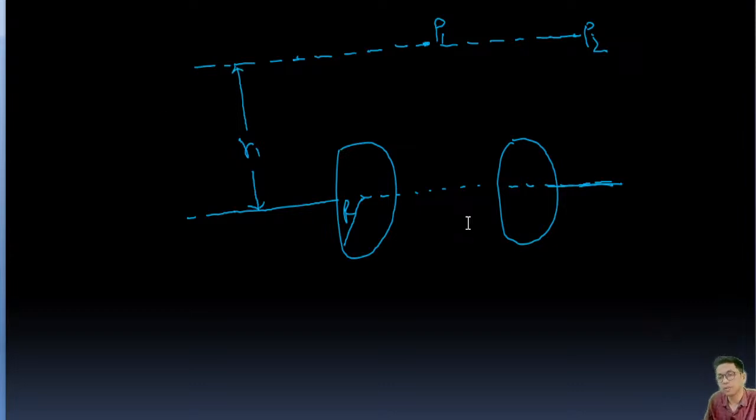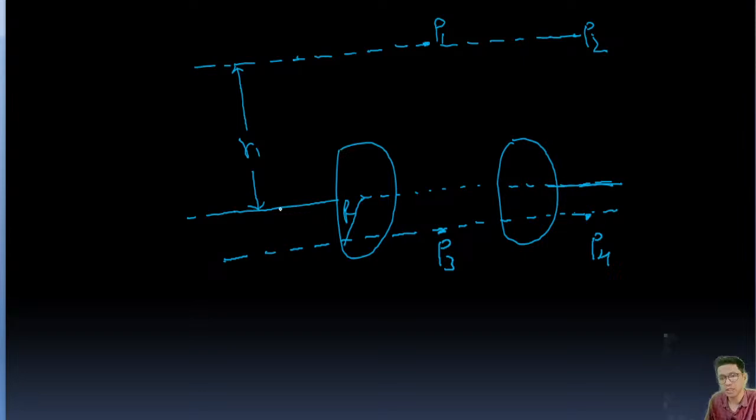There is another point given like this, so here there is a point P3, and at this point there is point P4. So these 4 points are given.